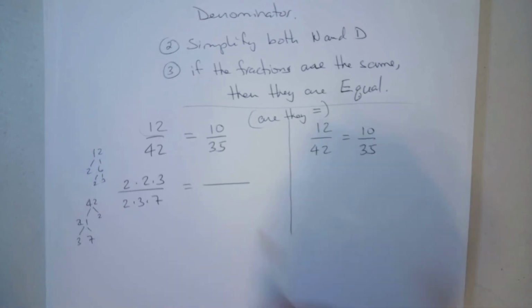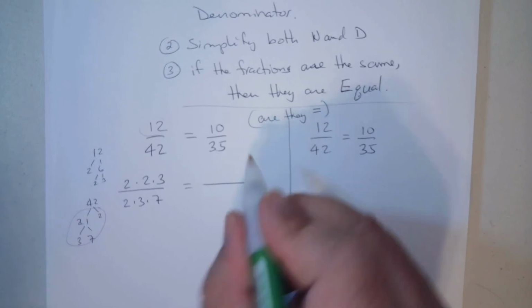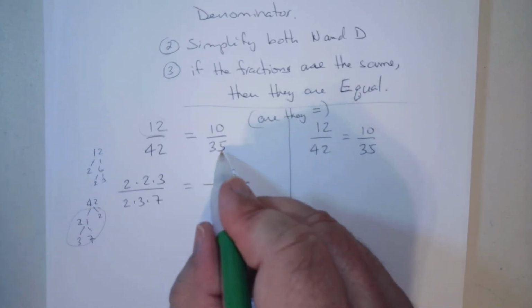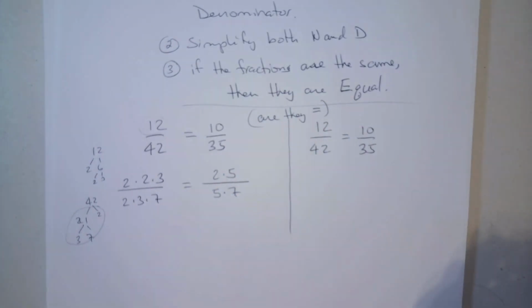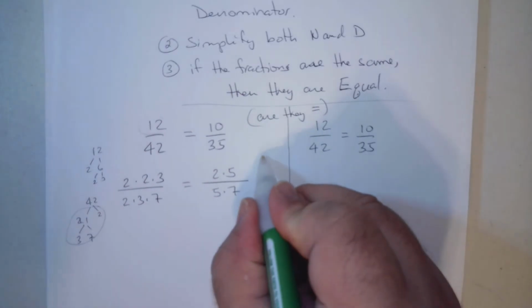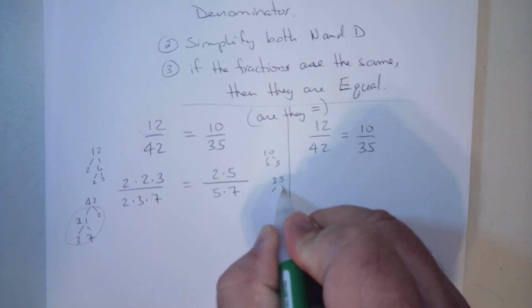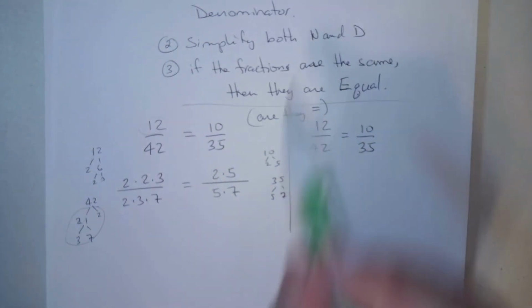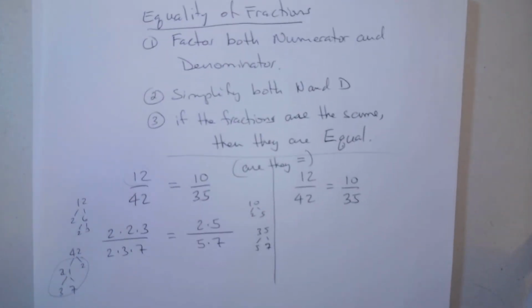So prime factorize all these. 10 is made up of 2 times 5. 35 is 5 times 7. That's what we just did. We did the first step. We factored both the numerator and the denominator.